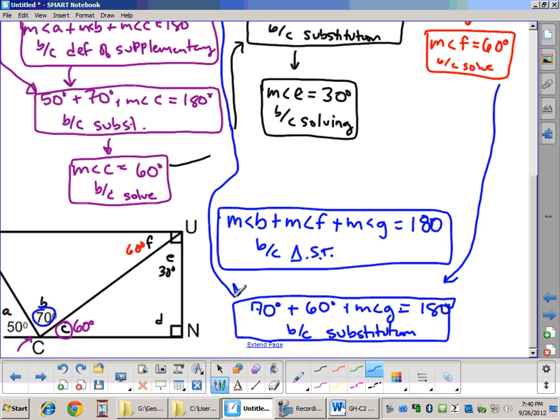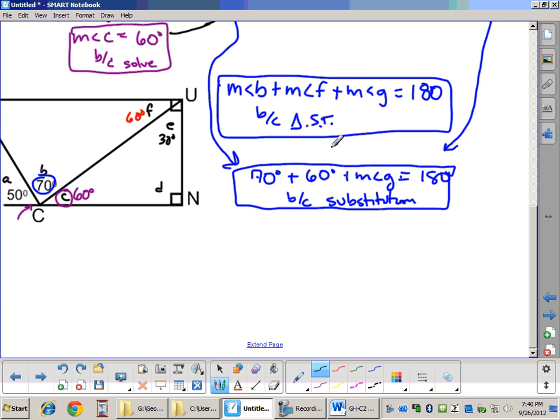Okay, so this, and I apologize for that delay, but that came from three different values. So we have the 70 coming from the givens, we have the 60 that we solved in the previous step, and of course the equation we're modifying.